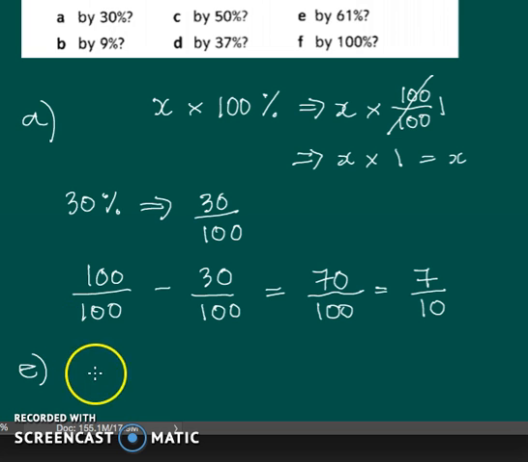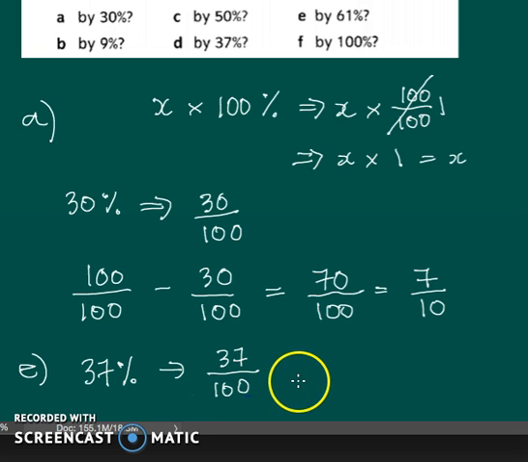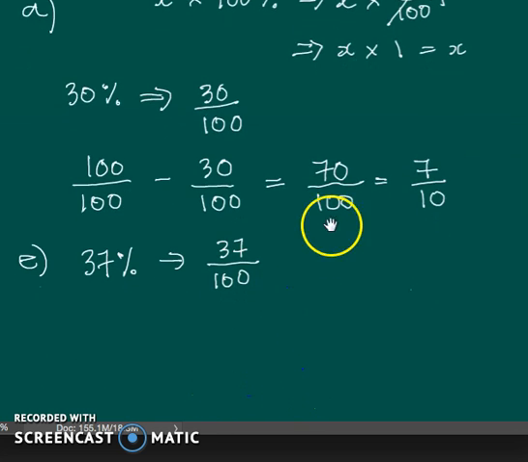So for part E, we want to decrease a number by 37%. So how do we express 37% as a fraction? We give it a denominator of 100, so that's equal to 37 over 100. And now we want to subtract 37 over 100 from our original 100%.